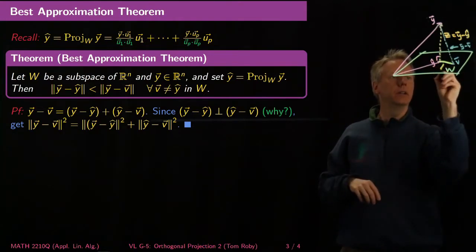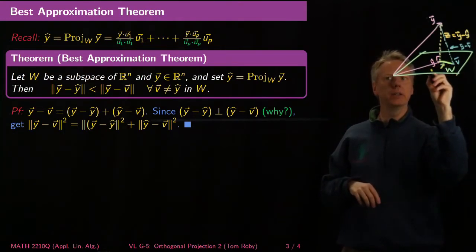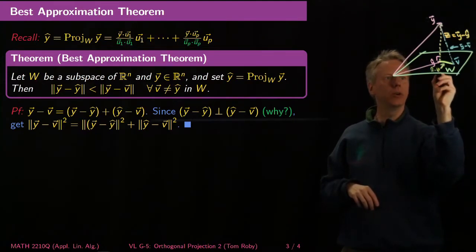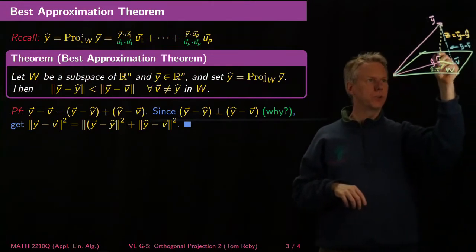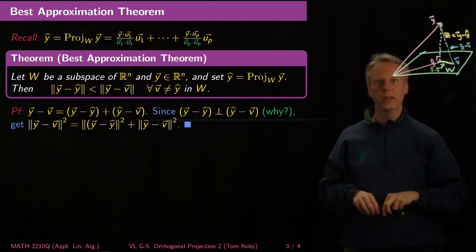That vector there is y hat minus v. V is just an ordinary vector in W, and y hat is the projection.